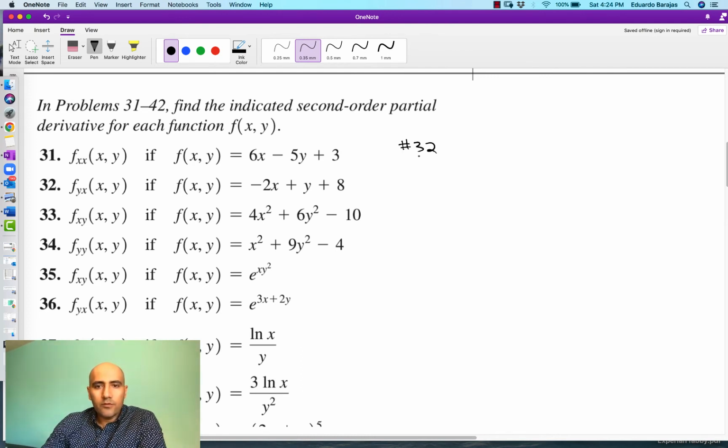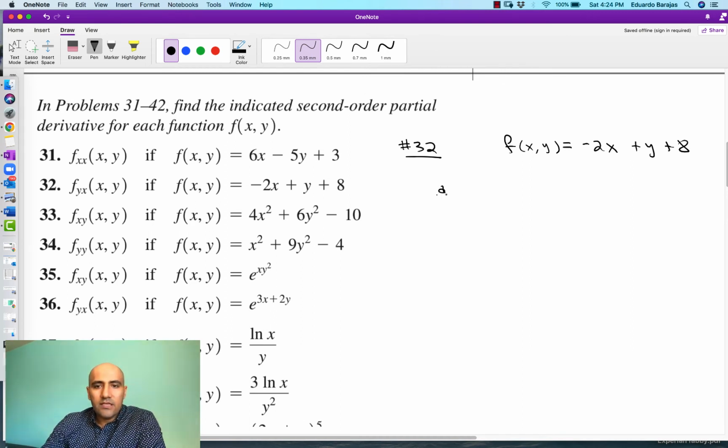Number 32 has find f sub yx if the function f of x y is given to be negative 2x plus y plus 8. This should be easy. So if we want to find f sub yx, we got to go in this order. So we first find the derivative with respect to y.